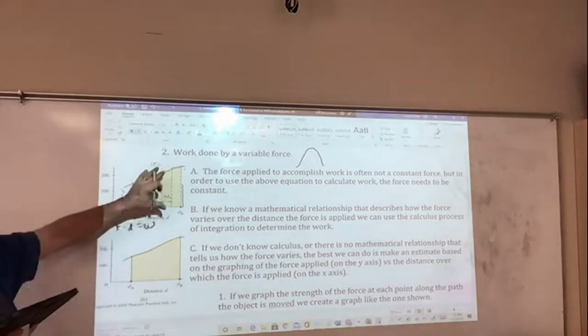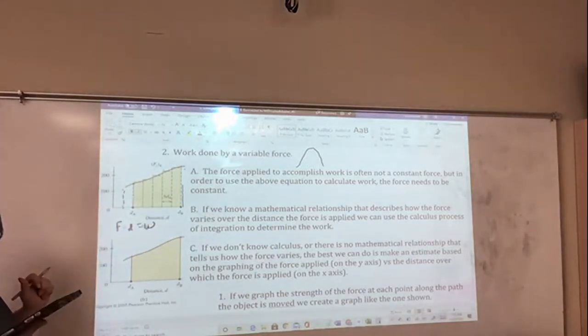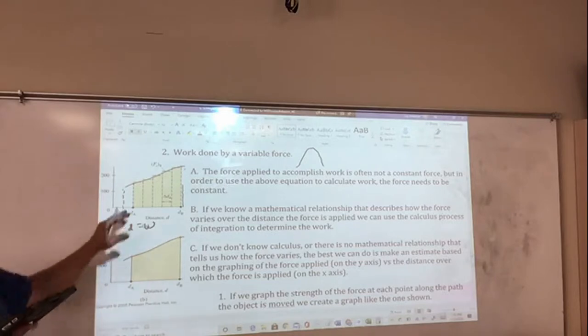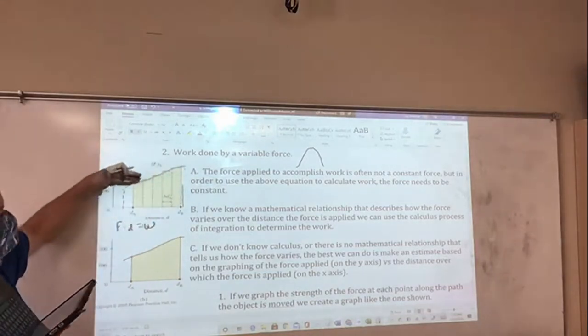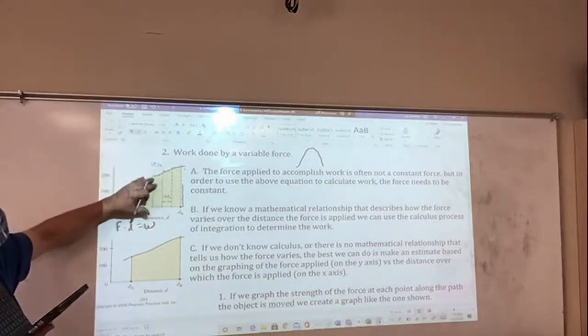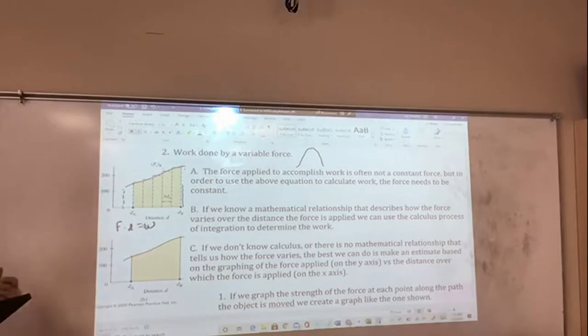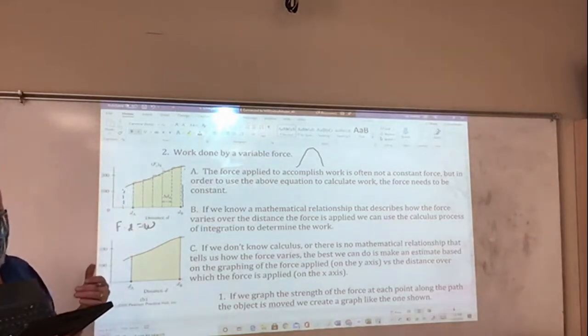And there's a way that we're going to be able to work that into something we call an integral. If you know the function for this curve, you would be able to do what's called integration over that function, and it would give you the value for that particular area. But you'll have to wait and see how that works.